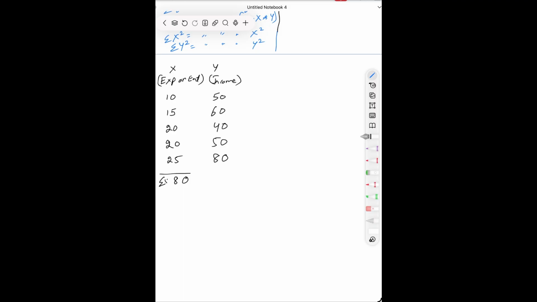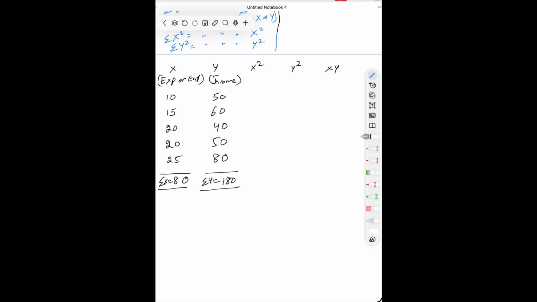So my sigma x is 80. My sigma y, total of the y column, is 180 if you take it in thousands, no issue in that. Now we have to find out x square, y square and xy.